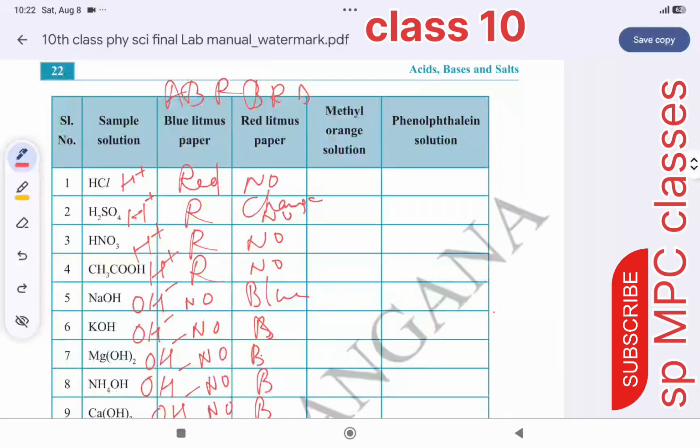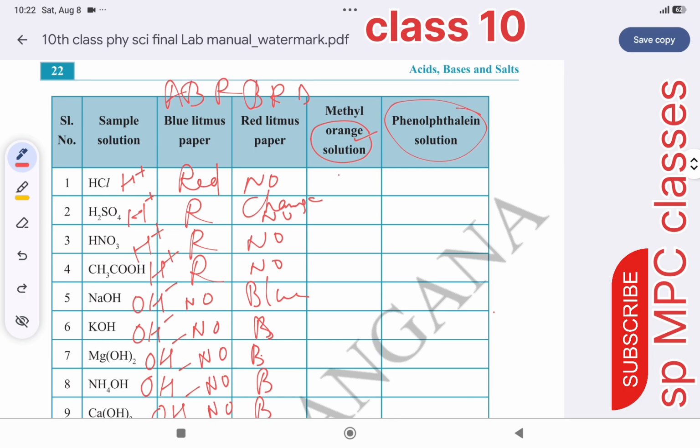And here you remember methyl orange. Methyl orange is a synthetic indicator. Phenolphthalein is also a synthetic indicator. Methyl orange is orange in color. With acids, methyl orange will give either red color or orange color. Why orange? Because of the impurities.